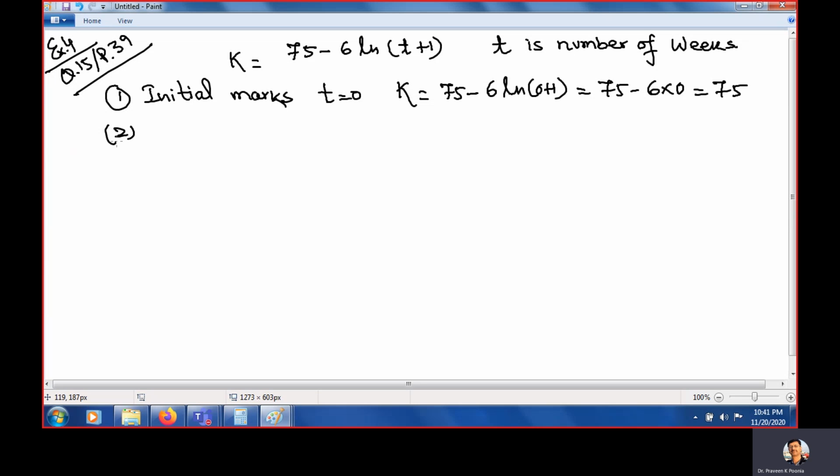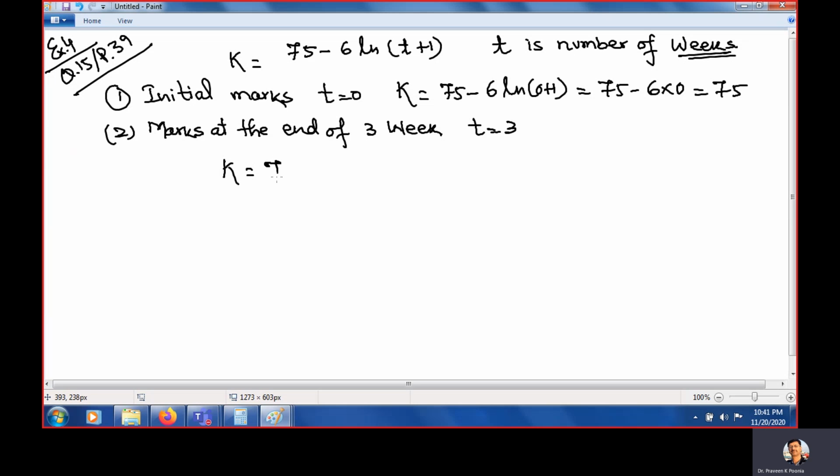Question number 2: marks at the end of the third week. Third week or week 3, you can say 3 weeks. So what are you going to put? t is equal to 3 because the value of t is given in weeks.